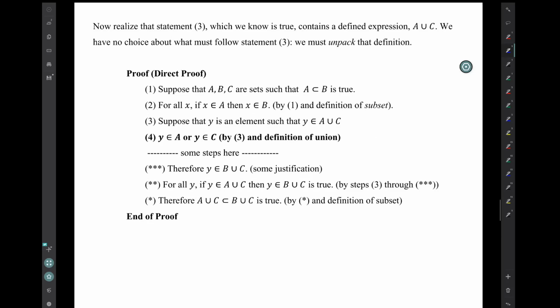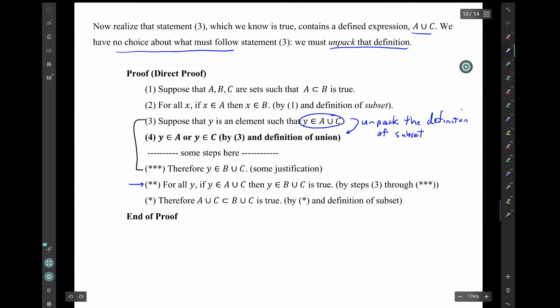Now let's go on noticing some things that have to be dealt with. In our new frame of a direct proof, those statements that have to be there in order to justify the double asterisk statement, in that statement 3, there is a defined expression, A union C. Well, that's a defined expression, so we have no choice about what must follow statement 3. We must unpack that definition.